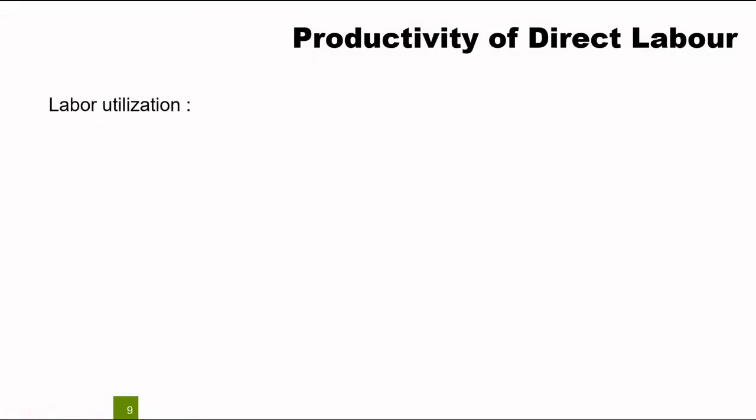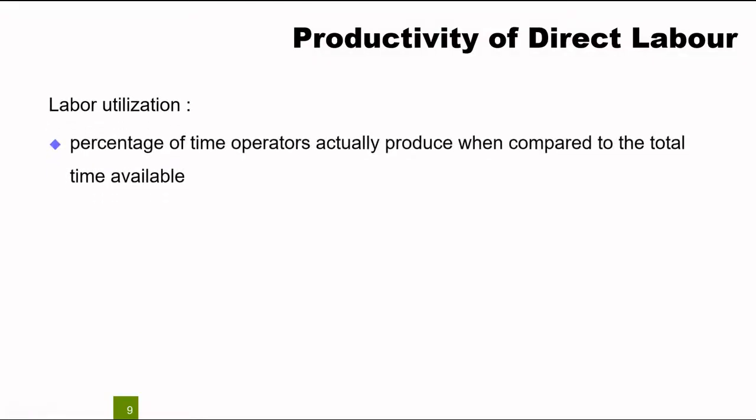Further, if you look at labor utilization, it is the percentage of time operators actually produce when compared to the total time available. In an 8-hour shift, you don't expect people to be working for 8 hours straight. Not possible. First thing, people come to the factory and sit on the machines. It will take at least 3 to 5 minutes.